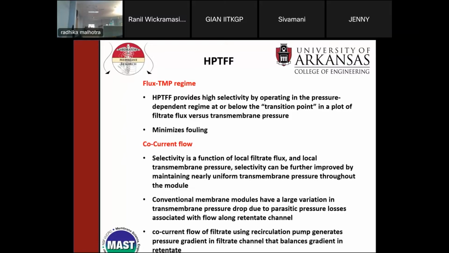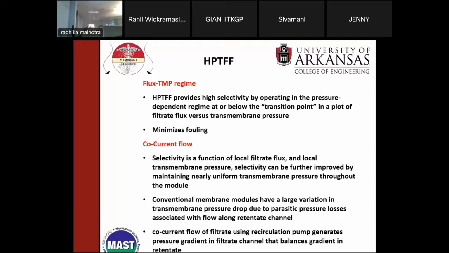High-performance tangential flow filtration provides high selectivity by operating in what's called a pressure-dependent regime at or below the transition point. Plot of filter flux versus transmembrane pressure. If you remember, we talked about this, and we said that if you look at the plot of, say, flux versus pressure, it does something like this, and here you get to the pressure-independent region. You want to operate in this range, in the pressure-dependent region.